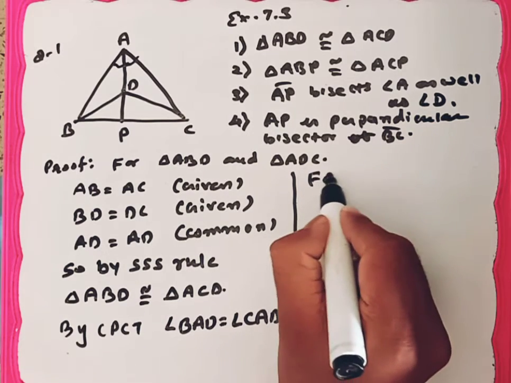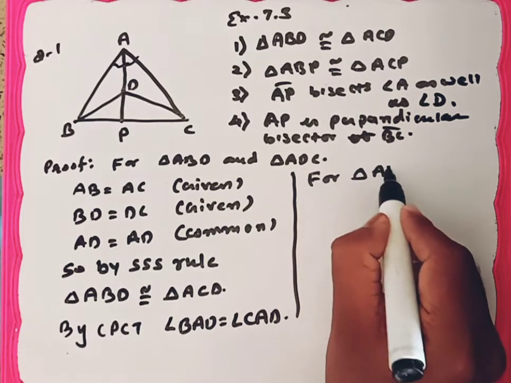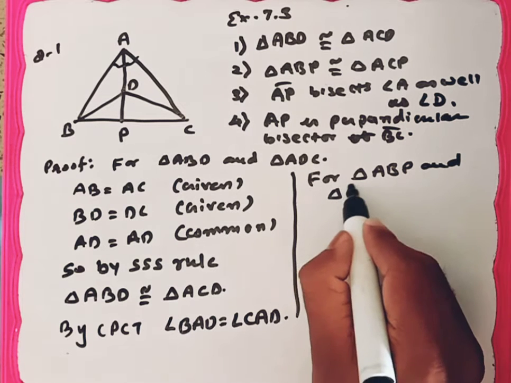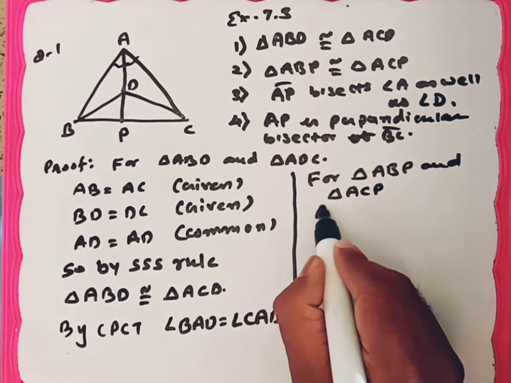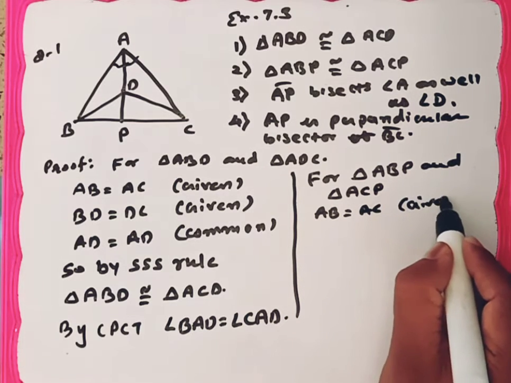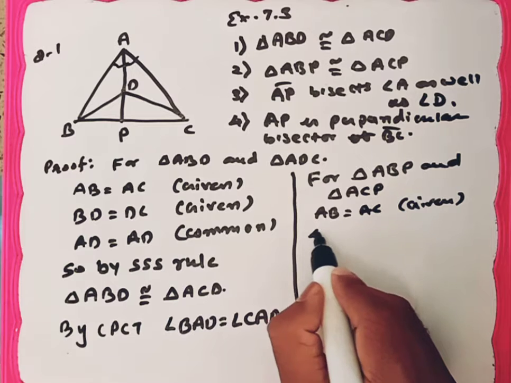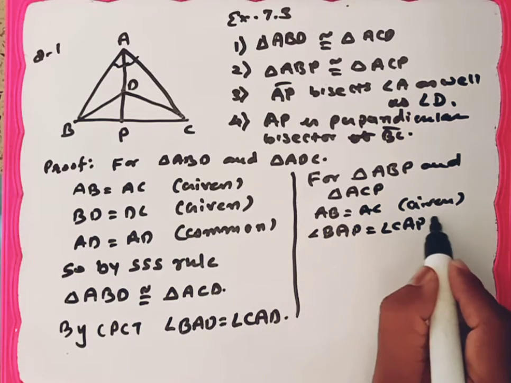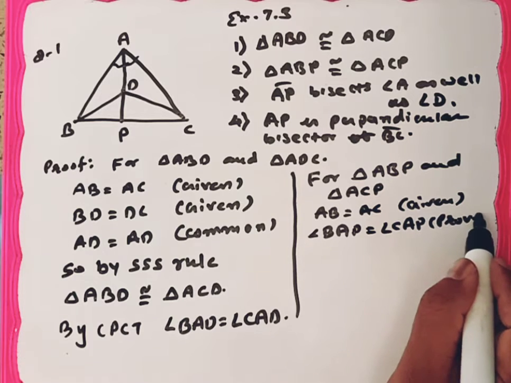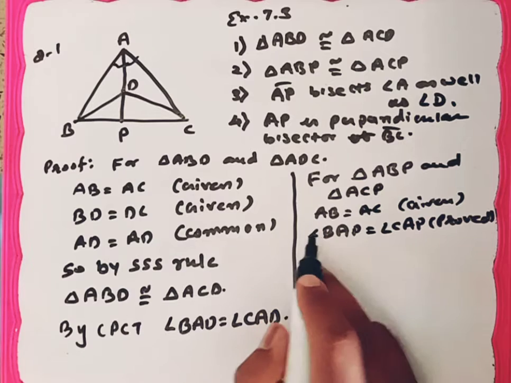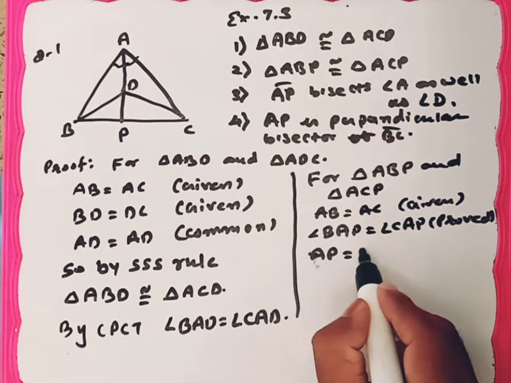and so by CPCT we can write angle BAD equals angle CAD. Now for triangle ABP and triangle ACP, AB equals AC, given; angle BAP equals angle CAP, proved; and AP equals AP, common.